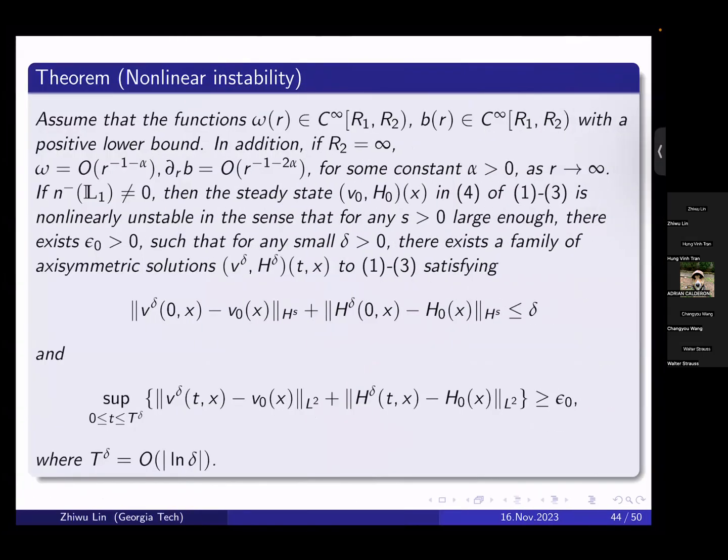And for the nonlinear instability, we can also go from linear instability to prove nonlinear instability. Let me just show you one piece of the argument in the proof of nonlinear instability. The proof is to perturb along the most unstable eigenfunction direction, then try to prove that this perturbed solution has exponential growth as long as it remains in a small neighborhood of a steady solution.